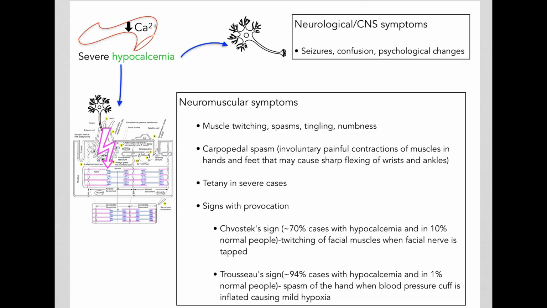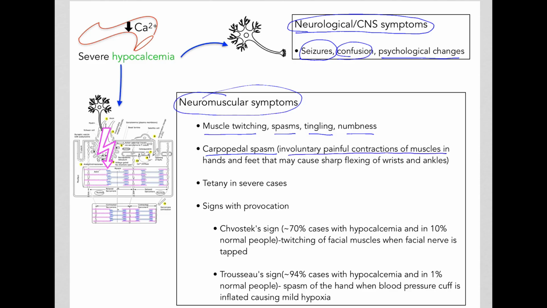Now, the major symptoms of hypocalcemia include neurological, especially affecting the central nervous system, and that includes symptoms such as seizures, confusion, psychological changes, and then we have the neuromuscular symptoms, and that includes things like muscle twitching, spasms, tingling, numbness, carpopedal spasm, that is involuntary painful contractions of muscles in the hands, the carpal part, or feet, the pedal part, and this may cause sharp flexing of wrists and ankles.